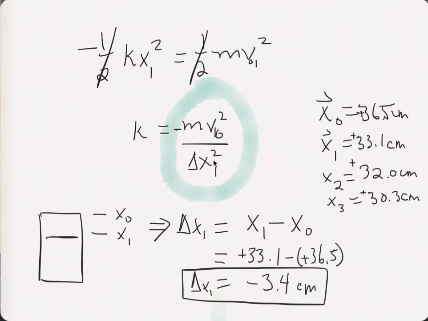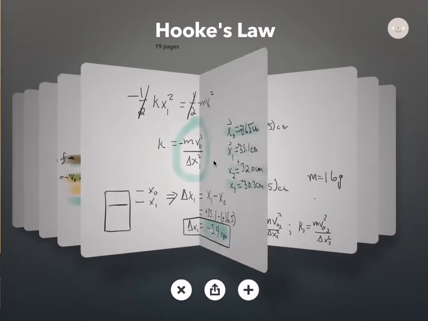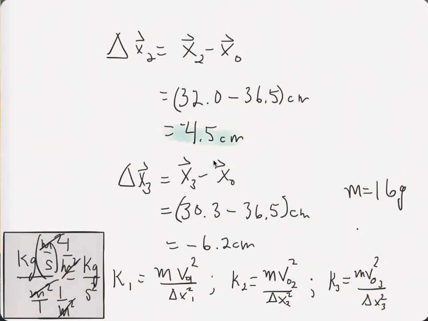So what we found is that our initial position is going to be 36.5 centimeters. The first click position is 33.1, the second click position is 32.0 centimeters, and the third click position is 30.3 centimeters. So we need to find those displacements. The displacement for the first click is coming out to be a negative 3.4 centimeters. For the second position, it's coming out to be a negative 4.5 centimeters.